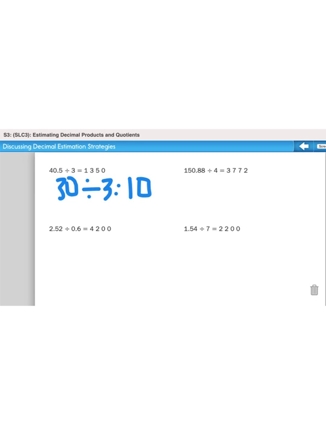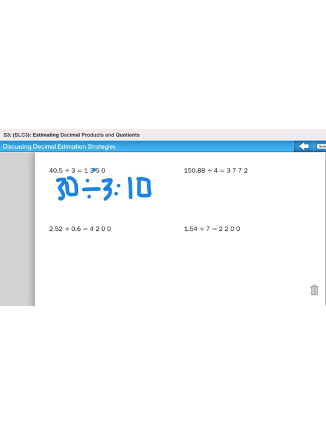So the quotient should be more than 10 because 40.5 is more than 30. So that tells me that my decimal is going to go right here between the 3 and the 5. My answer will be 13 50/100. Let's look at the next one.